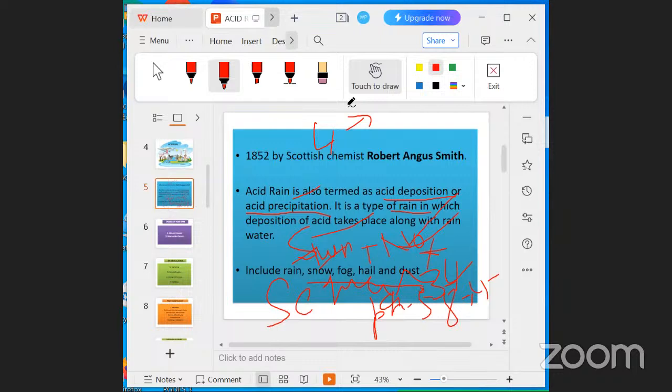Moderate or high acid contents, 4.5 to 4.2, were recorded north of this latitude. Okay.